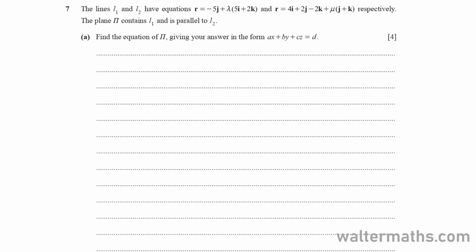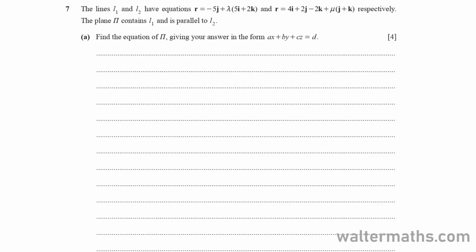Question number 7. The lines L1 and L2 have equations r equals minus 5j plus lambda 5i plus 2k, and r equals 4i plus 2j minus 2k plus mu of j plus k, respectively. The plane pi contains L1 and is parallel to L2.